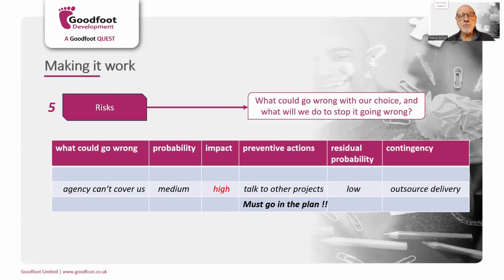That's when we might say, okay, our contingency, if there is a significant issue later down the line, is we're going to outsource the delivery of these people that we need to a different agency, for example. Then that's a contingency which we will trigger when we need to trigger it, but we're ahead of the game. We've thought through what to do to stop the main problems and what the contingencies might be.